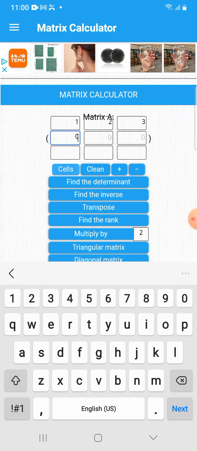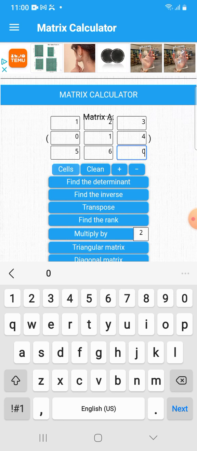Below I put 0, next 1, next 4. Next I put 5, then 6, and 0. Let me be sure: 1, 2, 3, 0, 1, 4, 5, 6, 0.